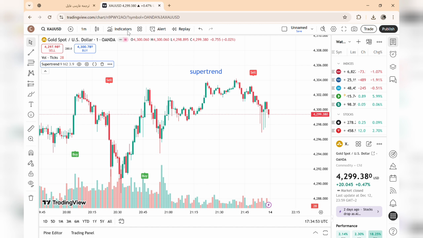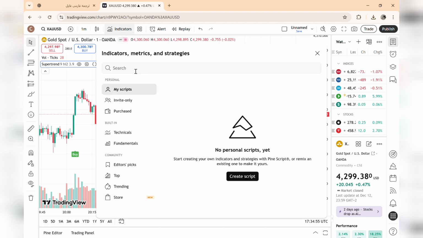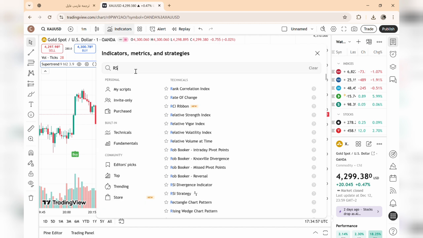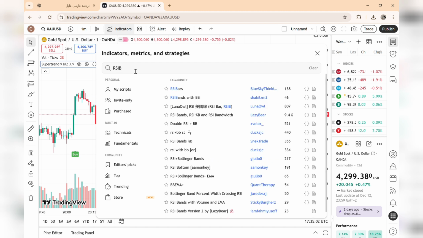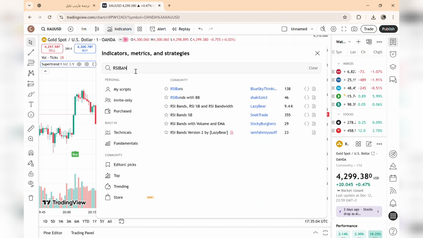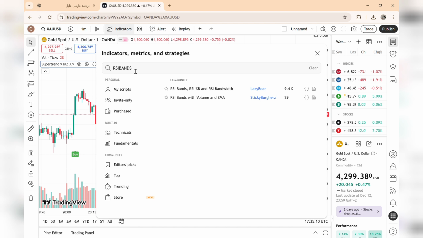Now we are going to search for the second indicator in the indicator list. Is RSI also. This is the name. RSI is under LB.